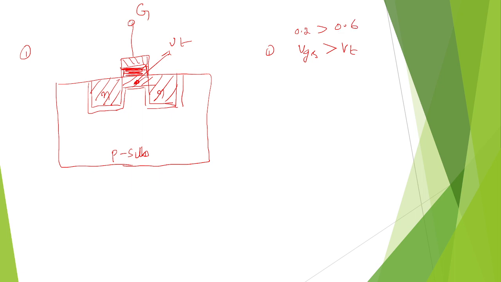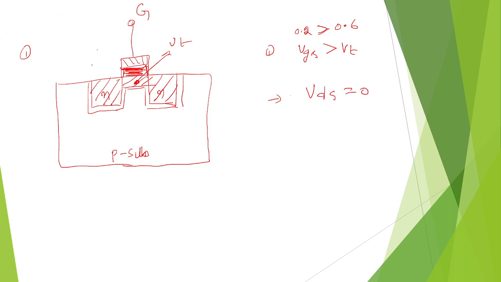You can see this 0.2 volts is not sufficient, it does not satisfy this condition. That is the reason the current will not flow from source to drain. It will not go active.